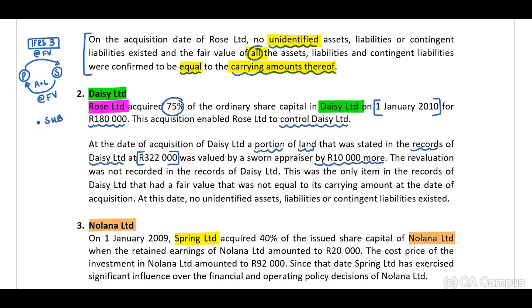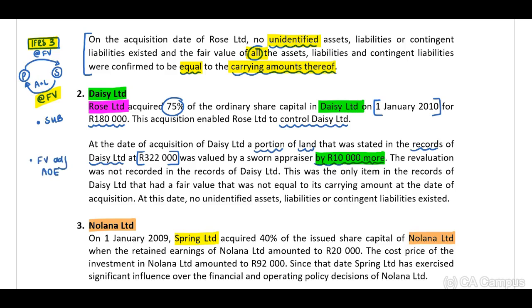Again, guys, back to IFRS 3 principles. All identifiable assets and liabilities should be recognized at fair value at acquisition date. Therefore, we will have to include 10,000 as a fair value adjustment at acquisition date on our analysis of owner's equity.